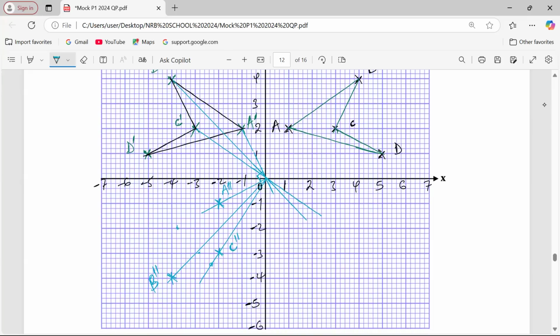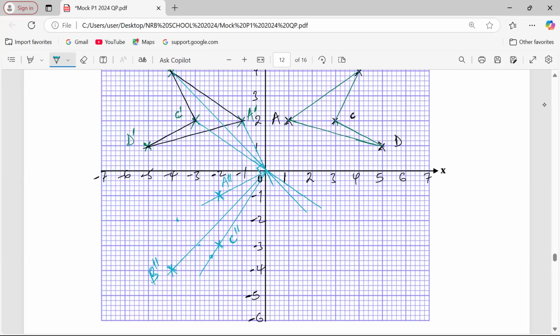Then finally, I'm talking about D now, the final coordinate. So I rotate D by joining it to the center of rotation. I join it to the center of rotation that way. Then I measure 90.